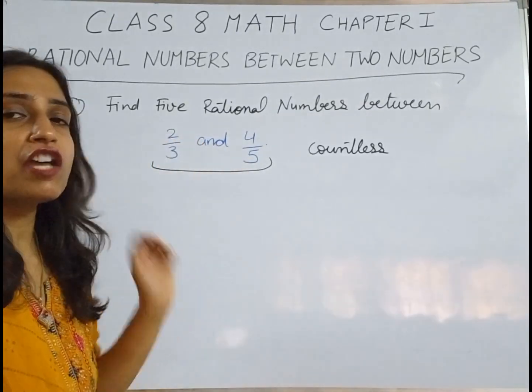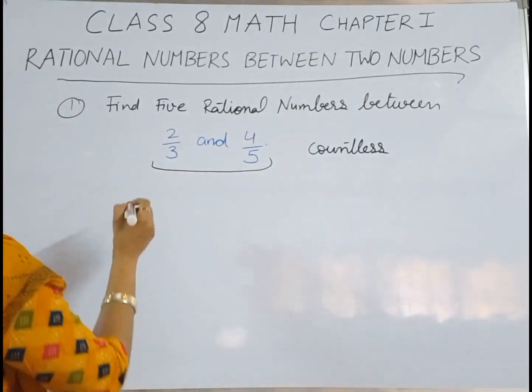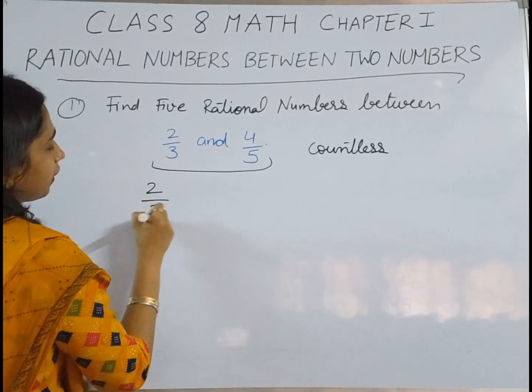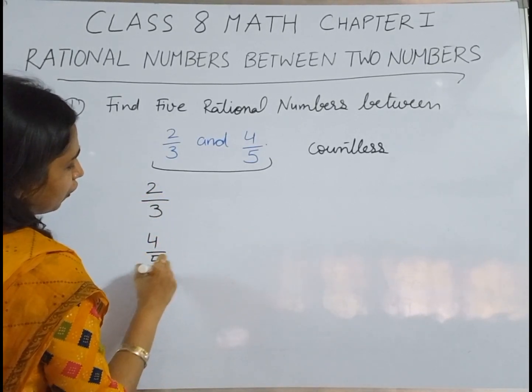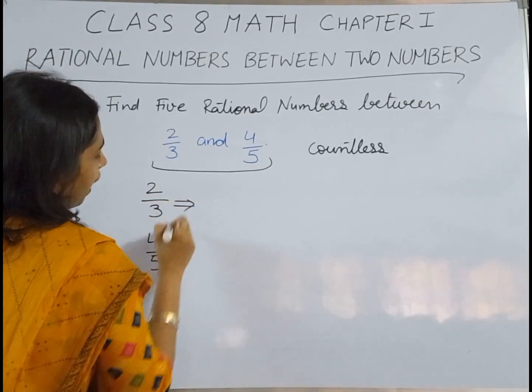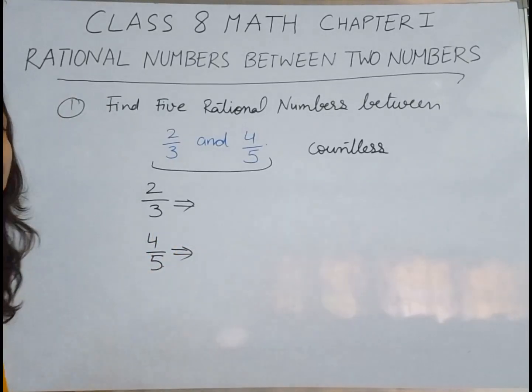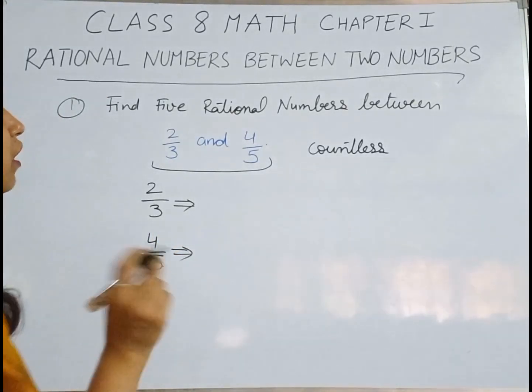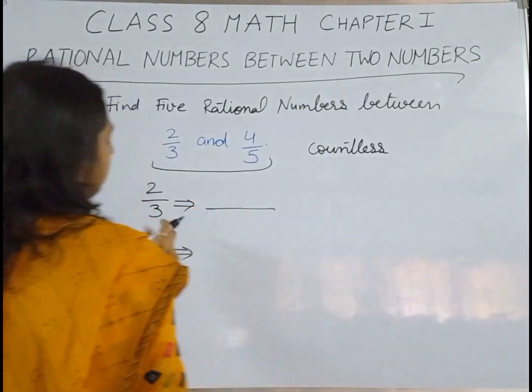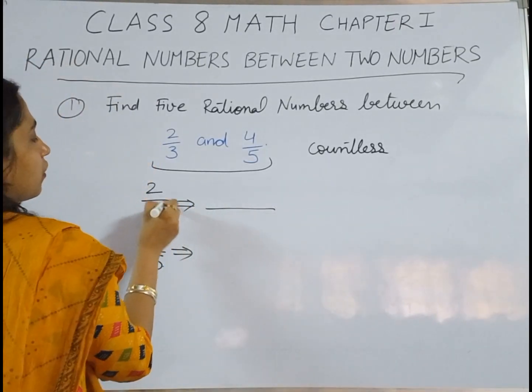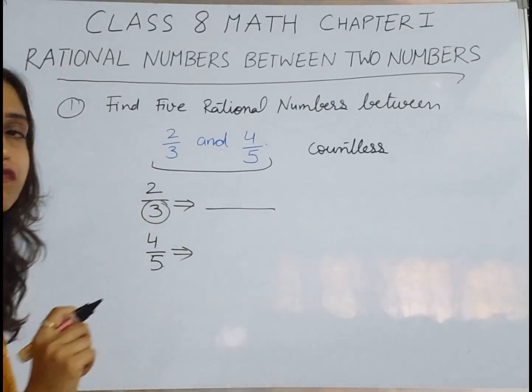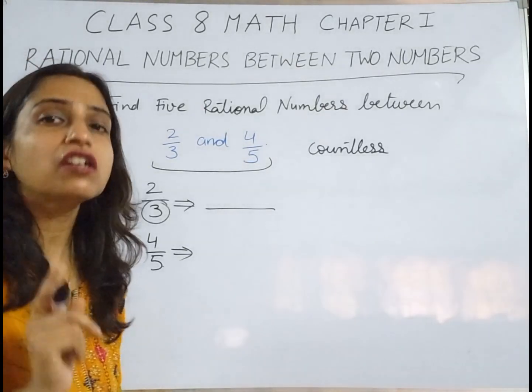LCM of 3 and 5 is 15. So, 2 by 3 and 4 by 5: both these terms have different denominators. To make the denominators equal, to make 3 equal to 15, we have to multiply it with 5.